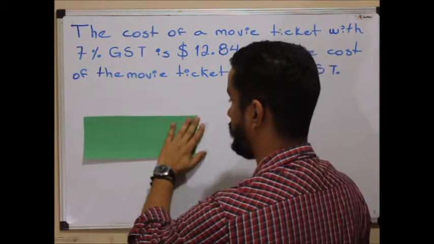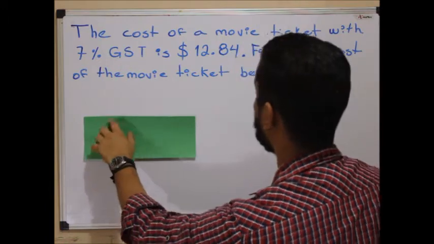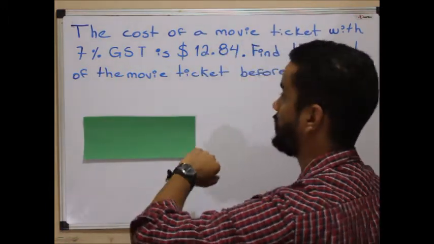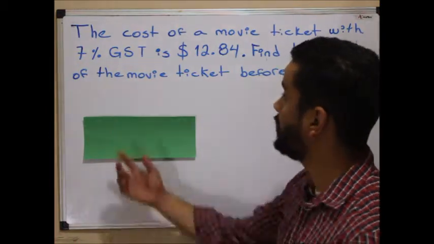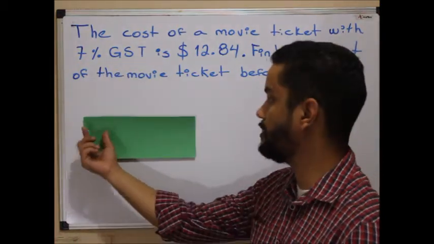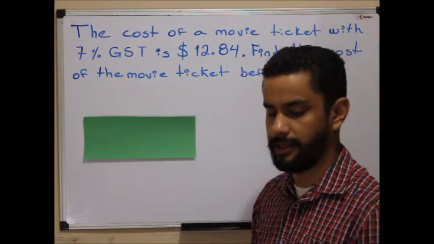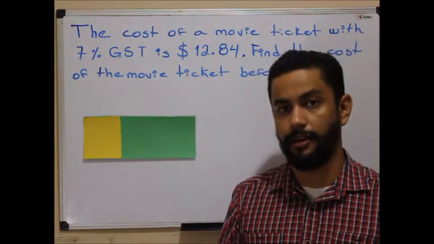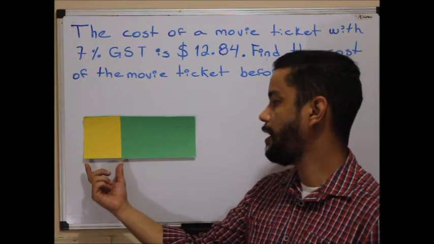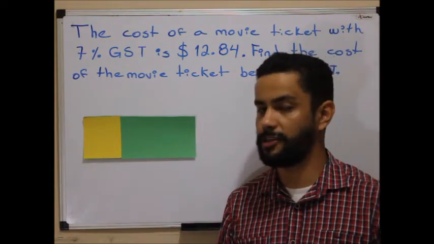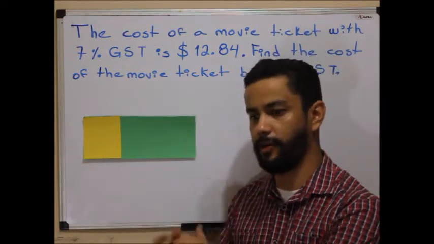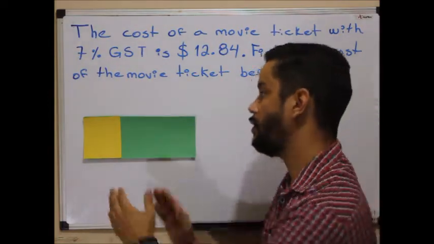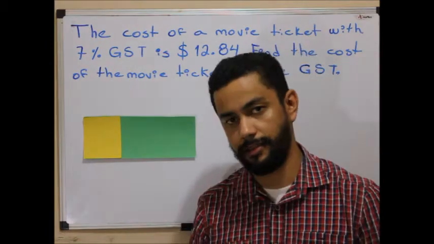This rectangle is the movie ticket price, including the GST. So GST must be here inside. Now, what percent does the yellow square represent? It represents the 7%, and all this represents the 100%.